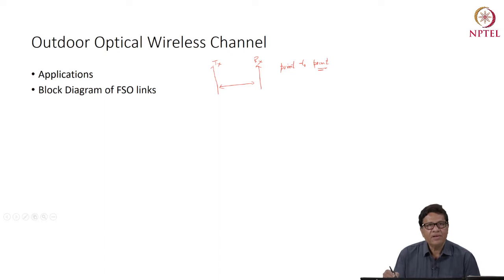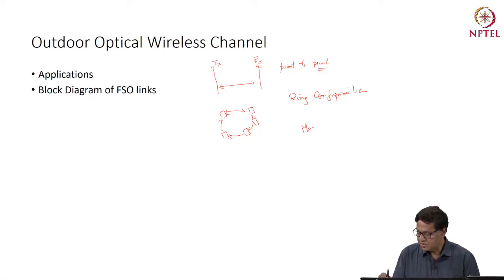You can have different configurations of this. You can have ring configuration, where these systems are connected in a ring fashion. So these are optical wireless channels, all are optical wireless channels.